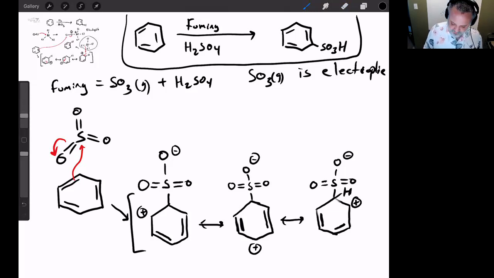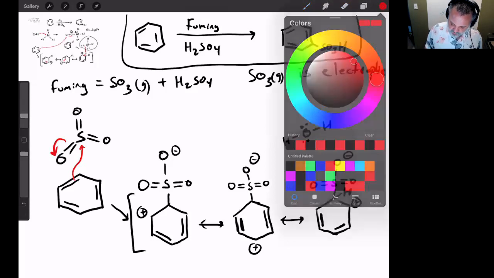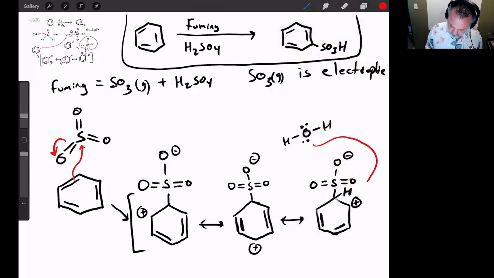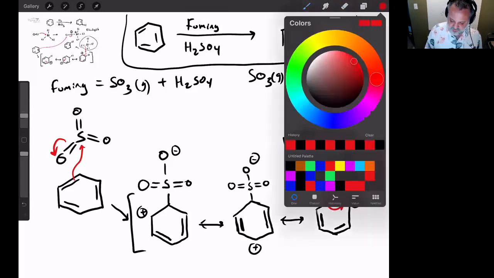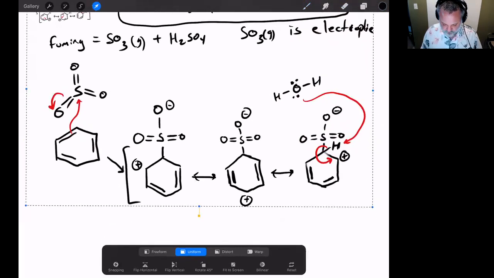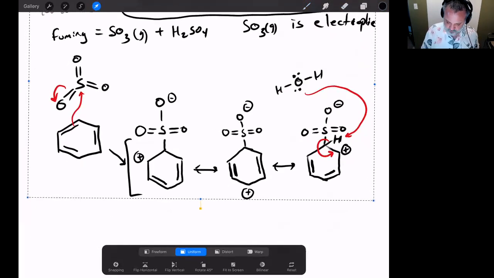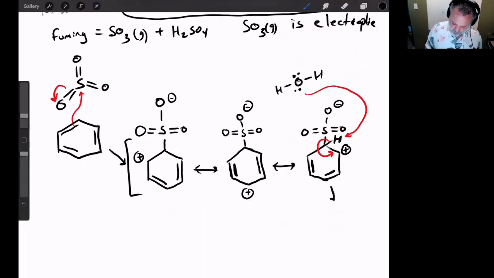Okay, so now this is one of those differences I was telling you about. What comes along and acts as the base? In this case, it's water that comes along and acts as the base. That's what's going to do the proton transfer that restores the aromaticity. And so that gets us this product.